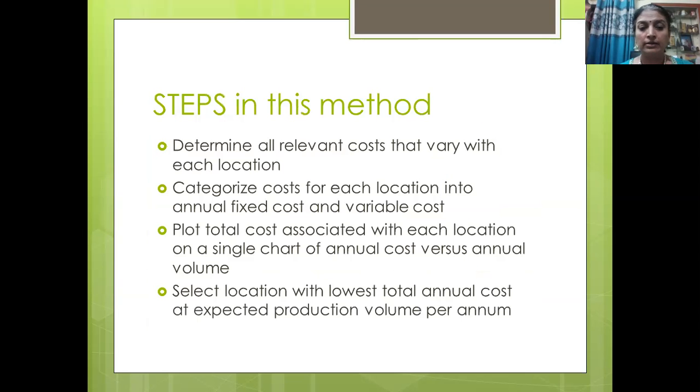That can be done. What are the steps for this method? First, you have to determine the relevant costs that vary with each location. Then, categorize the costs for each location into annual fixed cost and variable cost.